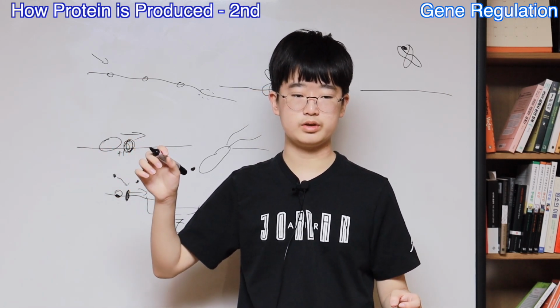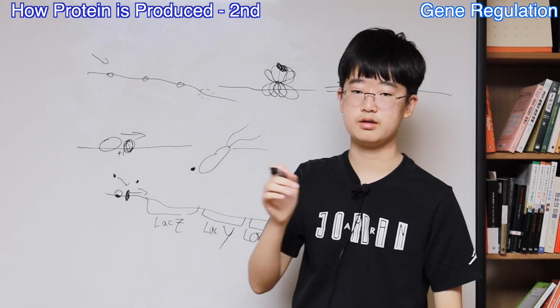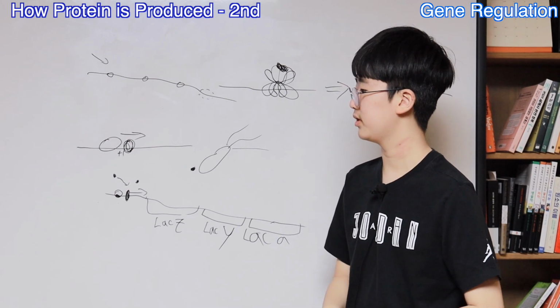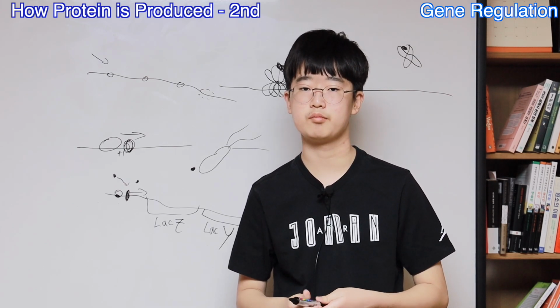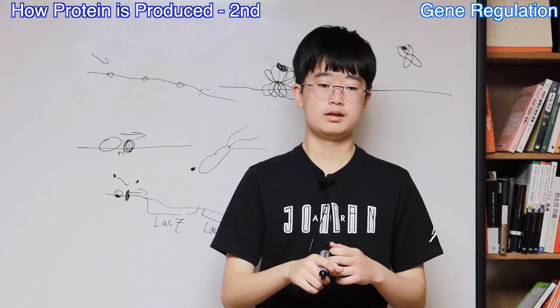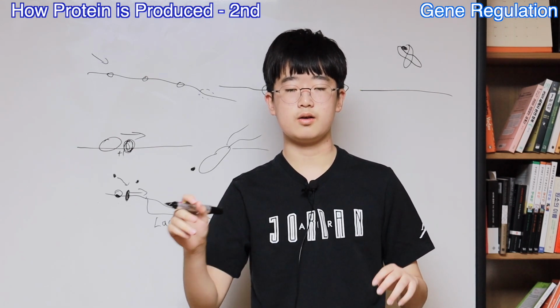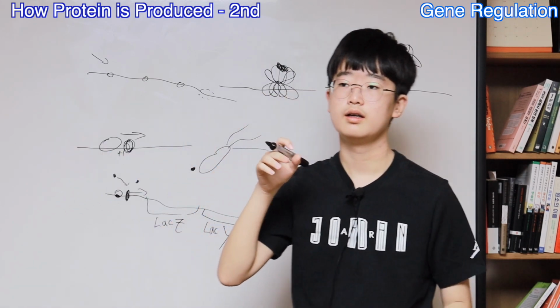So sigma was given to the name of this protein. But sigma 32 is 32,000 daltons, I'm pretty sure. And this sigma 32 is made when the temperature gets hotter.